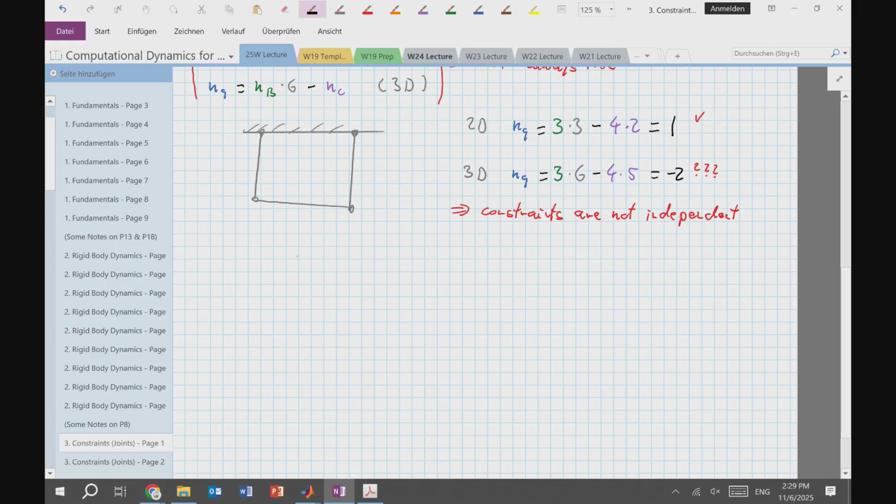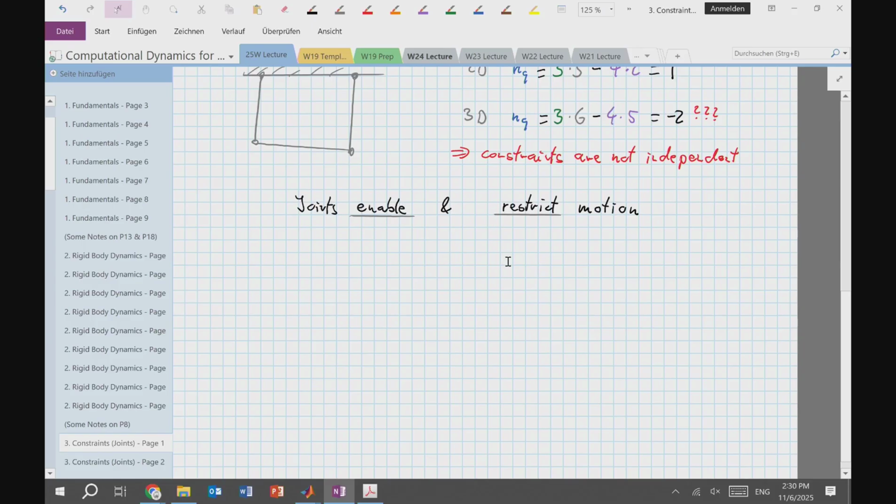So joints do 2 things. They enable and they restrict motion. And that's mostly a point of view, right?